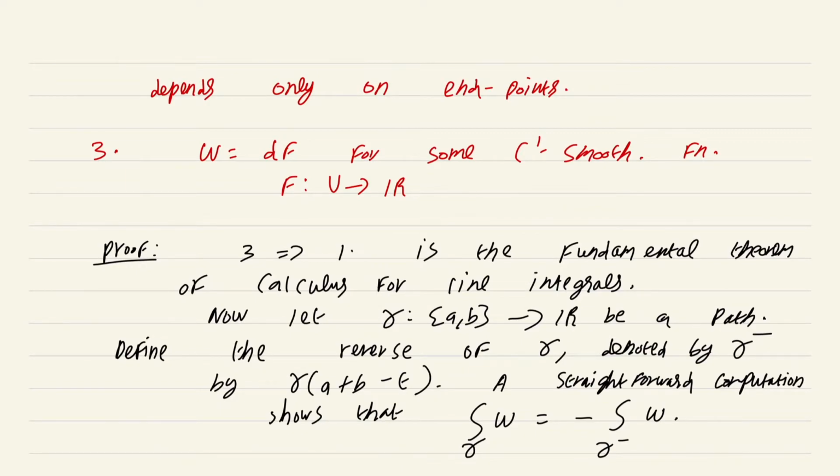This is exactly like the one variable Riemann integral case. Integrating from B to A is negative of integrating from A to B. There in the Riemann integral case, this was just by definition. Here it is a consequence of the definitions of the path integrals.